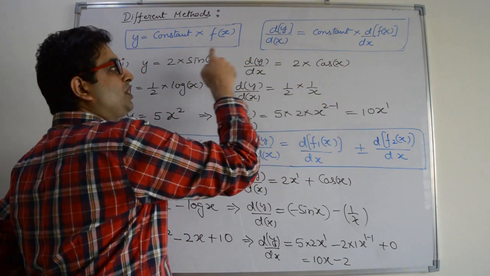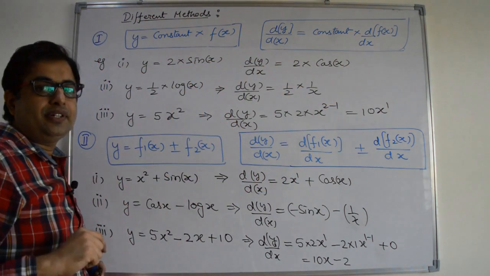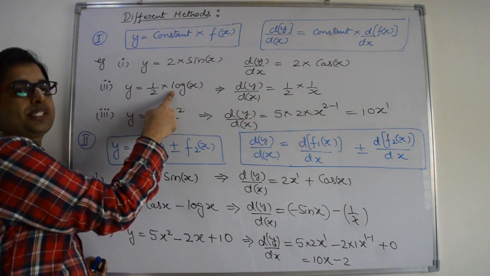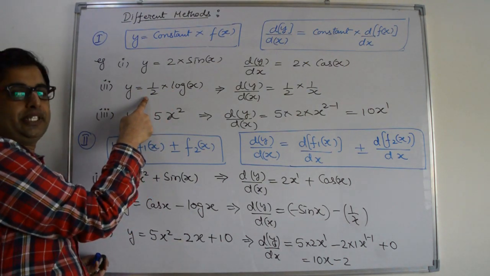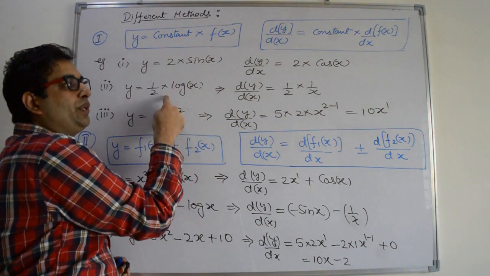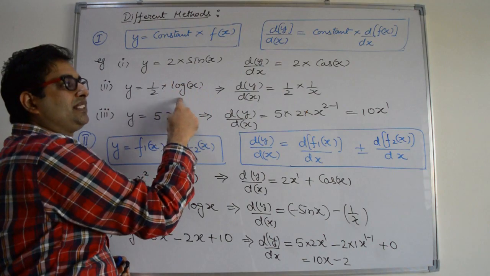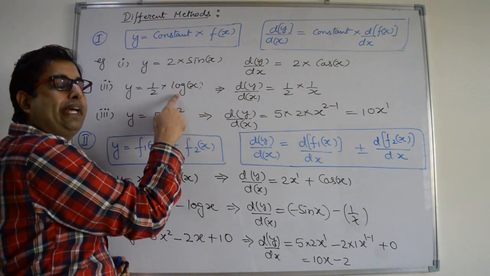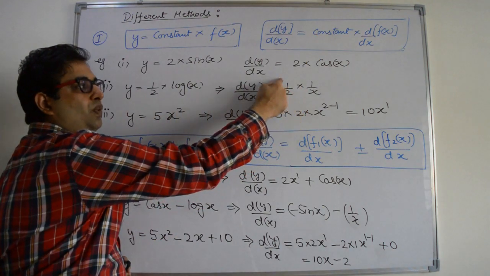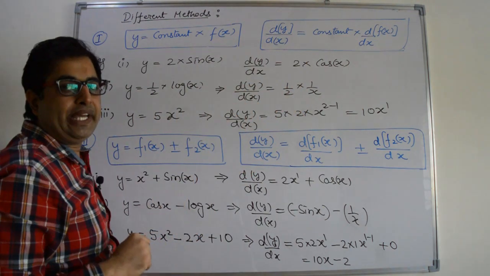So our answer is 2 cos x. Right? Second example. 1 by 2 log x, where 1 by 2 is constant. So it will remain in multiplication. Only thing we have to do is differentiate the x dependent function, that is log x. Log x differentiation is 1 by x. So our answer is 1 by 2 into 1 by x.